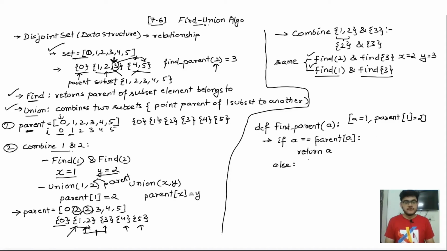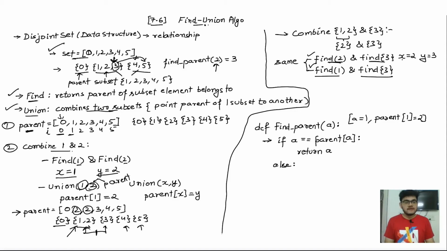What we want to do is reach the parent node, because we can only perform the union operation on the parent nodes, right? You can see here these two are the parent nodes, and only then can we combine the two subsets. In the first case, since find 2 already gives the parent, which is 2, we return it, and 3 is also the parent of itself, so we do not have a problem there.